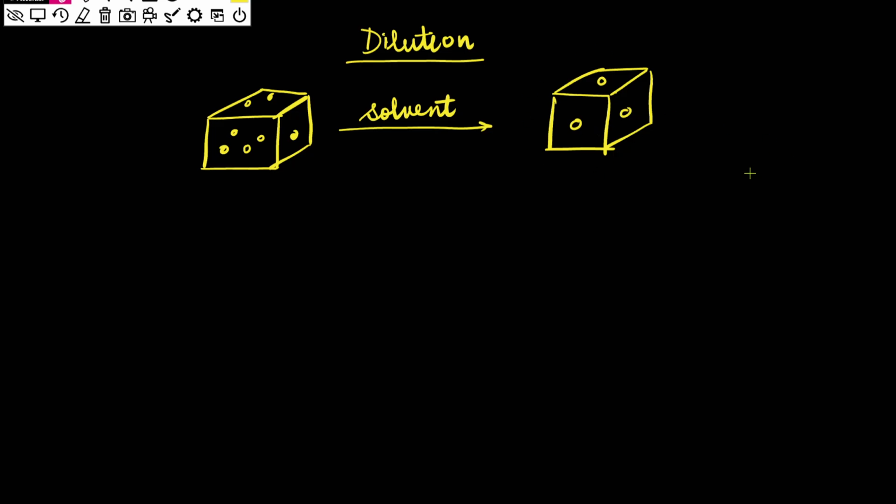With this concept, there are two important and related terms. Suppose these solute particles were ions. So these ions had the property to conduct electricity. Now there are two important terms here. One of them is conductivity and the other is molar conductivity, which are related to the property of ions to conduct electricity, and that we had discussed in our previous video.